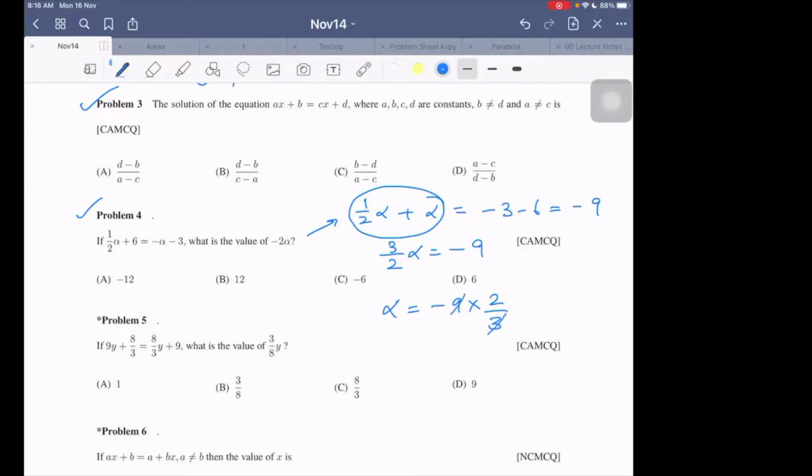Your 3 and 3 can be cancelled off. You have alpha is equal to minus 6. Now they have asked for minus 2 alpha. So our answer will be minus 2 into minus 6, which will be 12. 12 is our answer.